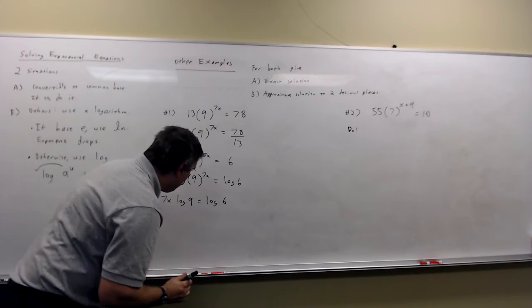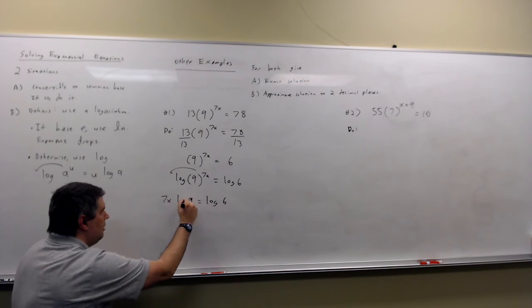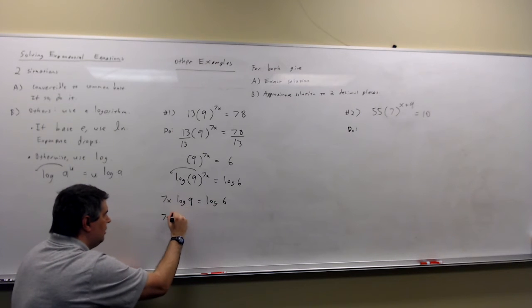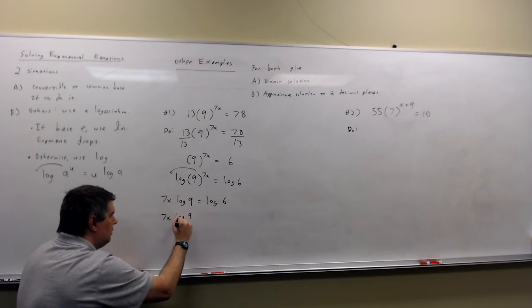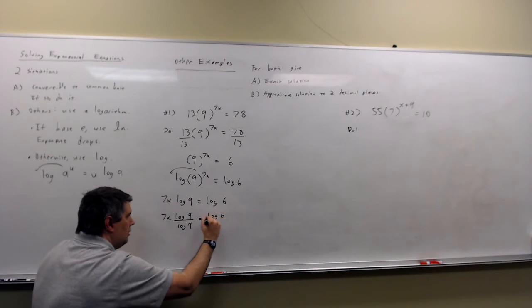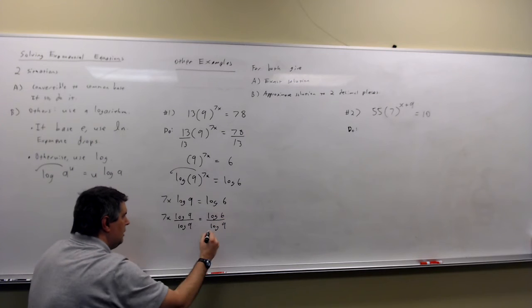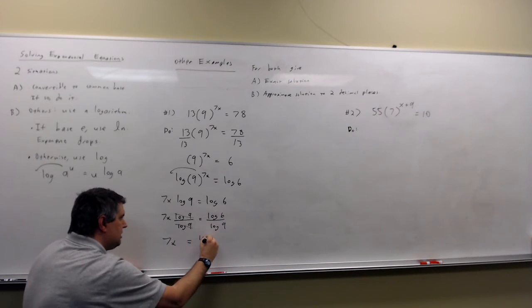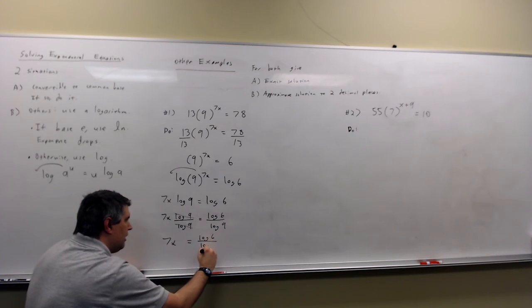Okay? Like the previous problem, I'm going to divide off the log that's on the left side. These cancel, and 7x equals log 6 over log 9.